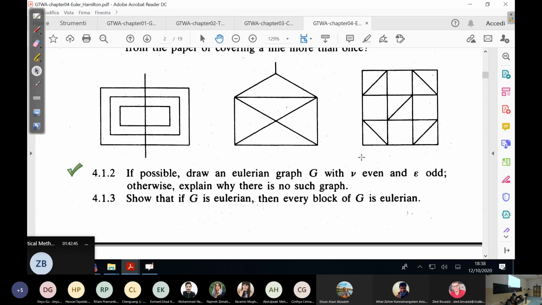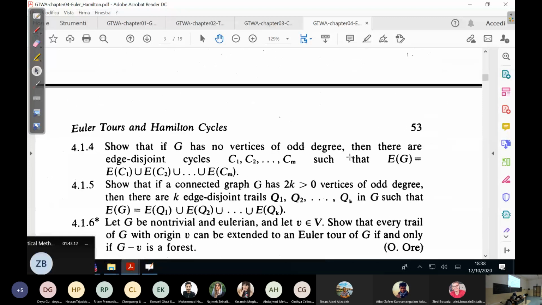I was trying to find the counterexample, and he would try to prove. Okay, so try. Can you find a Eulerian graph with an even number of vertices but an odd number of edges? And if it's not possible, explain why. Prove that it's not possible.